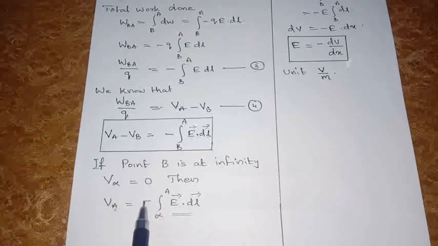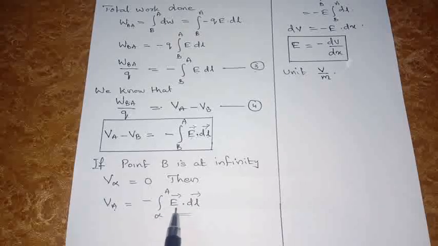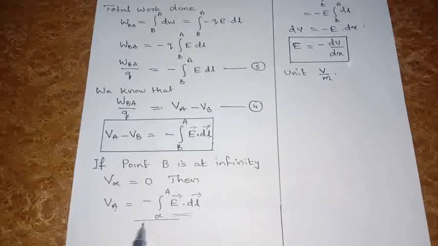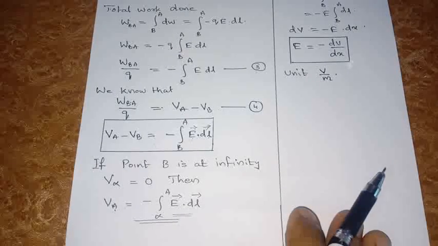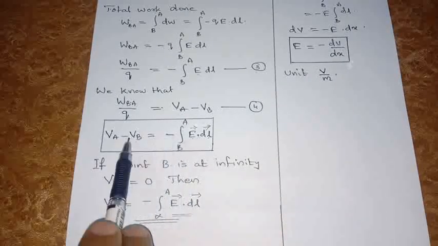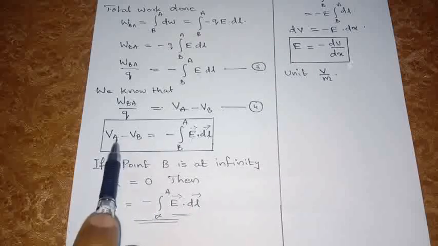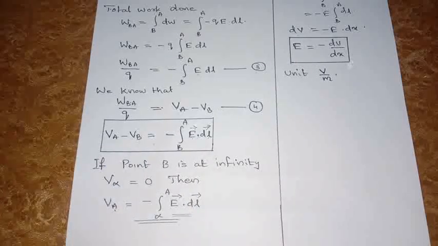Therefore VA is equal to the negative line integral of electric field from infinity to A. So you have to study this as another equation for potential, or these two equations give the relation between potential difference and electric field.